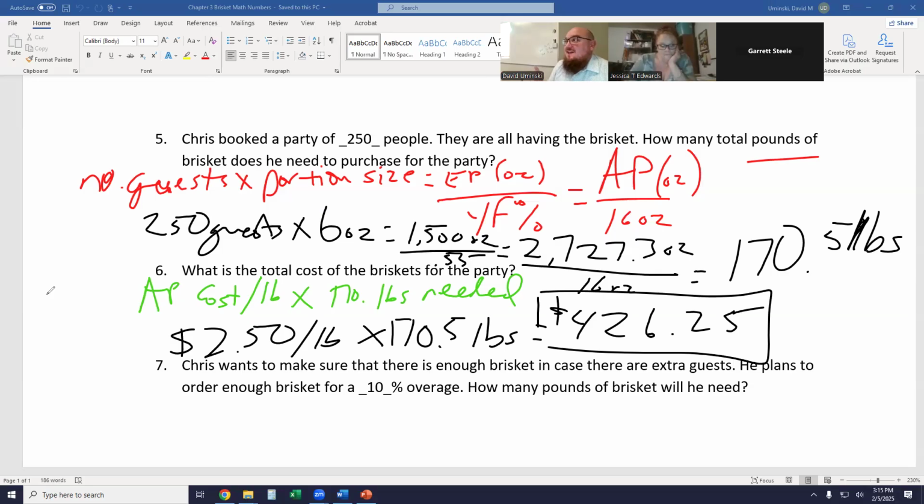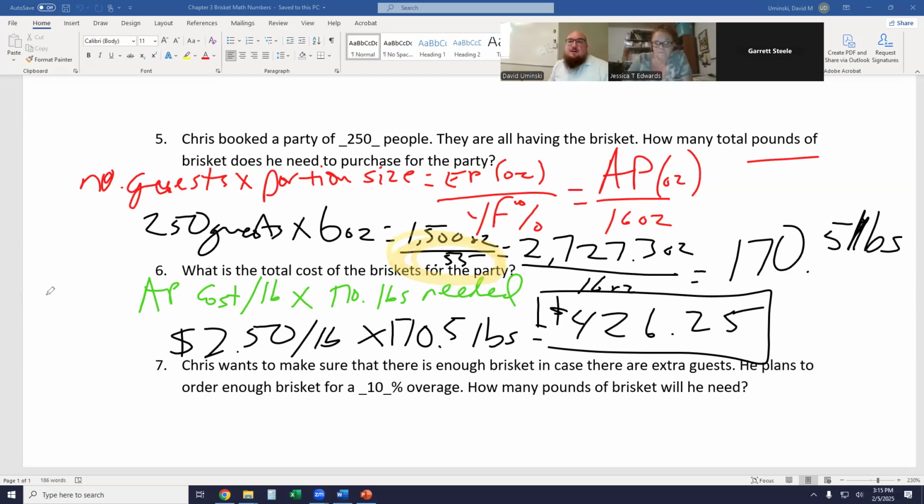The biggest thing that people miss and mess up on, this is really important for you to understand. I know I'm going a little bit over, but that's okay, because I will finish up in the next minute. Is this part right here. Applying that yield factor percentage.